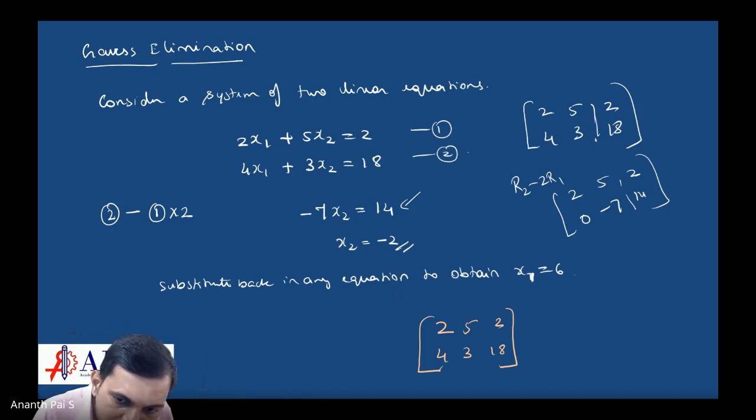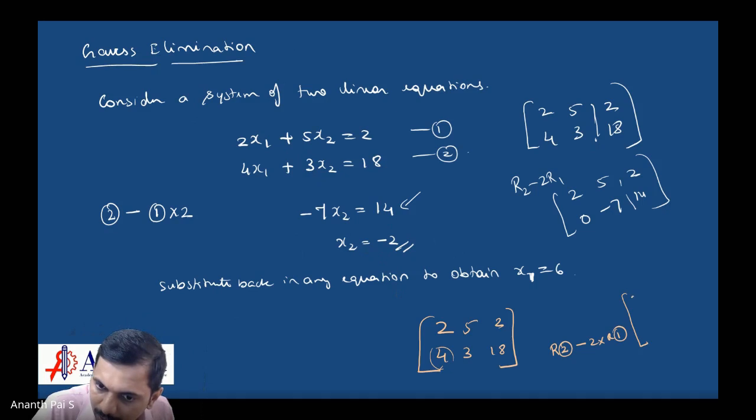You have to make this 0 somehow. How to make it 0? You say row 2 minus 2 into row 1. When you do that, what do you get here?